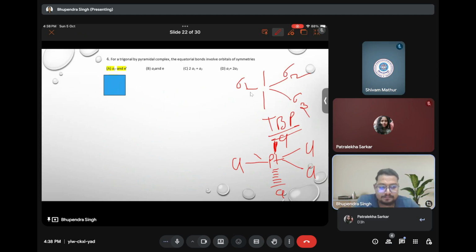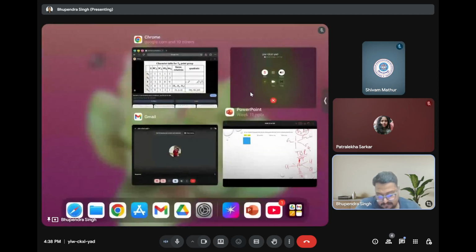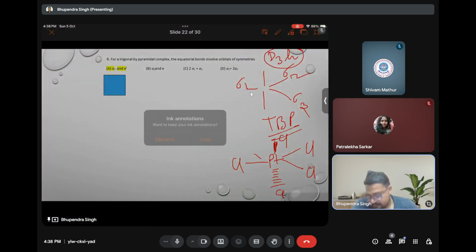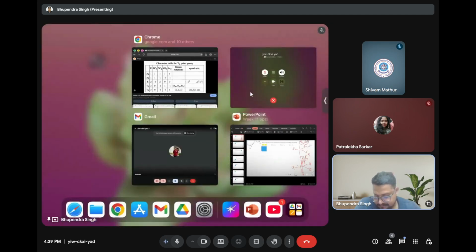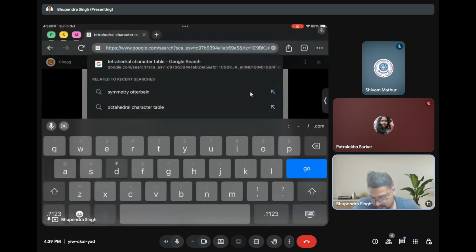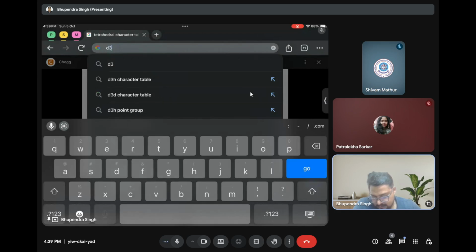Perfect. The point group of this is D3h. So to solve this, we need the character table. D3h.